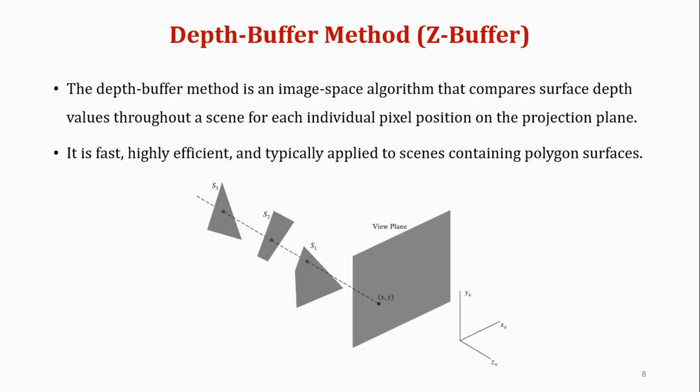For every pixel on the screen, the algorithm stores the depth value of the nearest surface. Whenever another surface projects onto the same pixel, the depth values are compared, and the surface closest to the viewer is displayed. The method is very fast, simple, efficient, and highly suitable for hardware implementation.